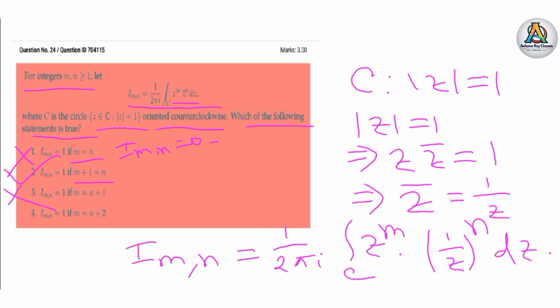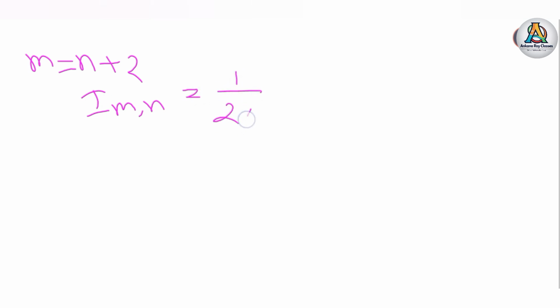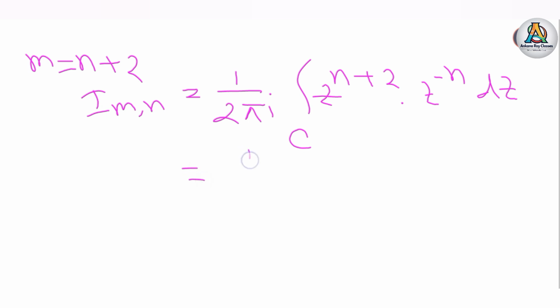Now option 4, m is equal to n plus 2. If m is equal to n plus 2, then I_mn is equal to 1 by 2 pi i integration over C z to the power n plus 2 into z to the power minus n dz. This is equal to 1 by 2 pi i integration over C z square dz.